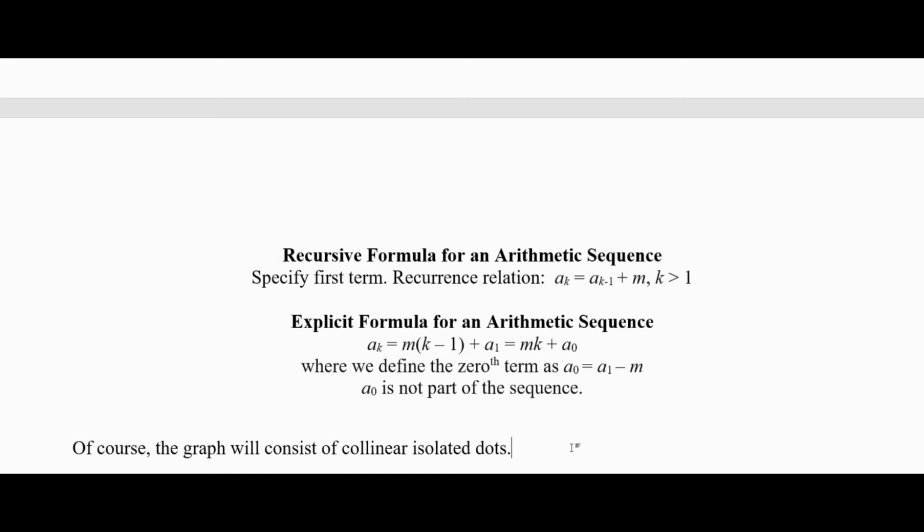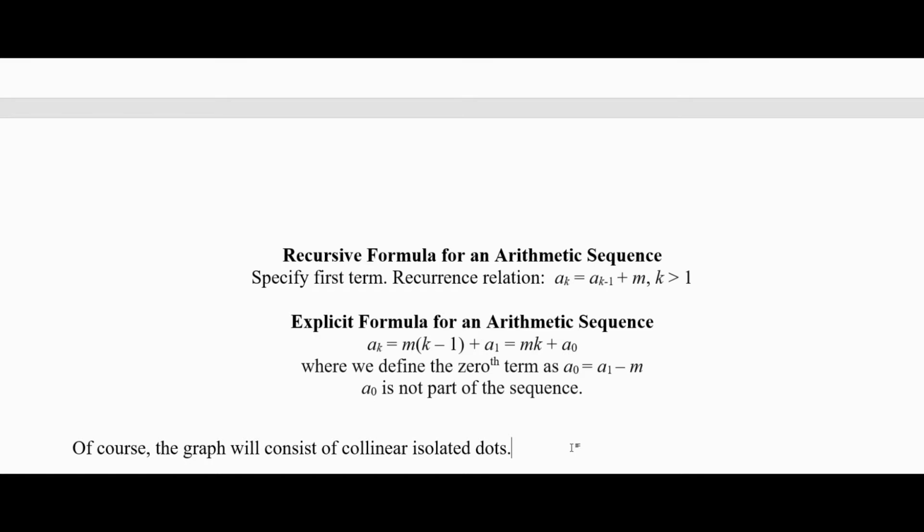So we're adding m each time. k minus 1 tells how many times we add it. Now, if we work this out, that's mk plus a sub 1 minus m. And that would be what the zeroth term would be if we would allow an input of 0. In fact, sometimes for sequences, we do allow an input of 0. So it's mk plus a sub 0.